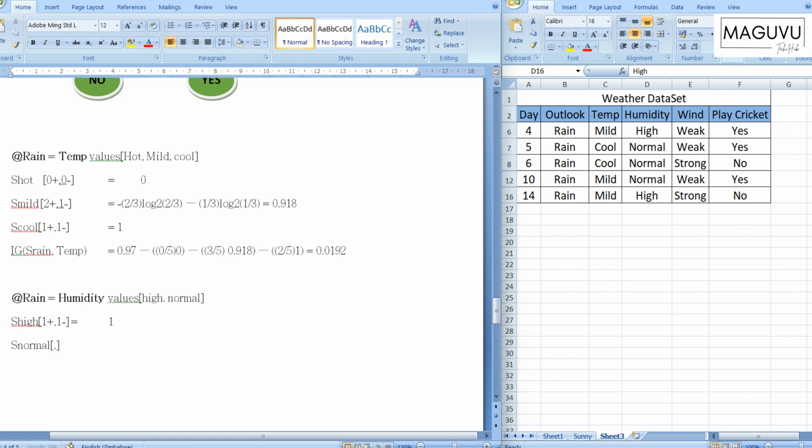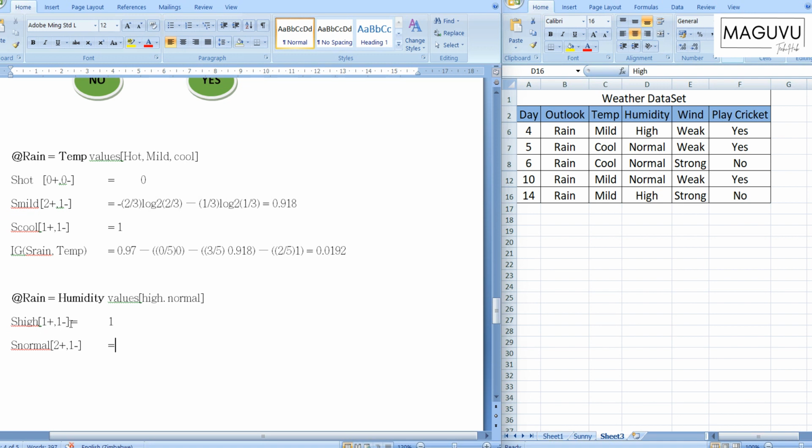Then we also do that for normal, and the proportion of normal there, what do we have? Under normal we have got 3 normals, and from those 3 we've got 2 yes and 1 no, so we represent that by 2 positive and 1 negative.